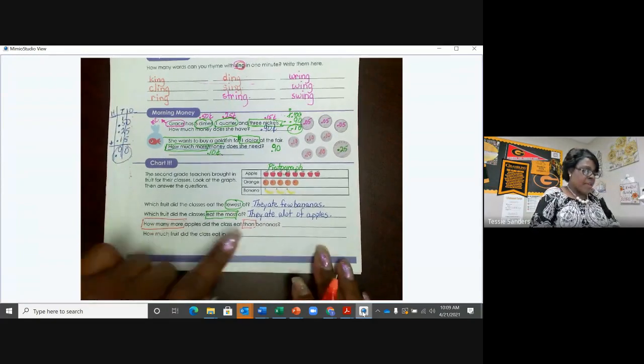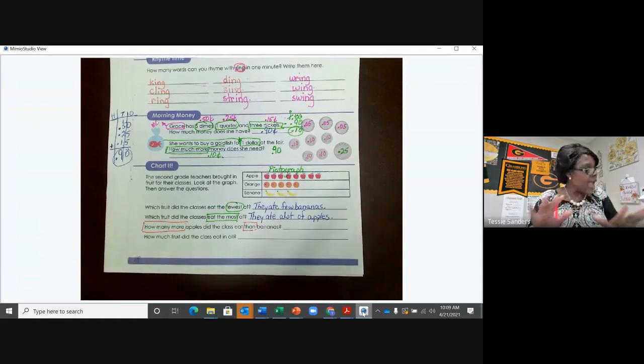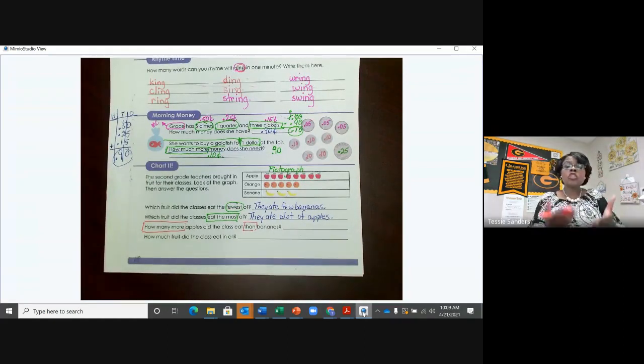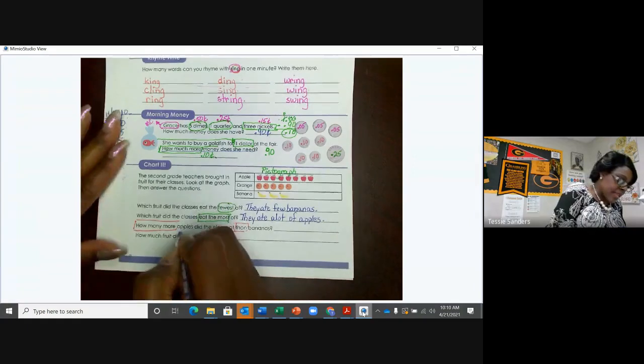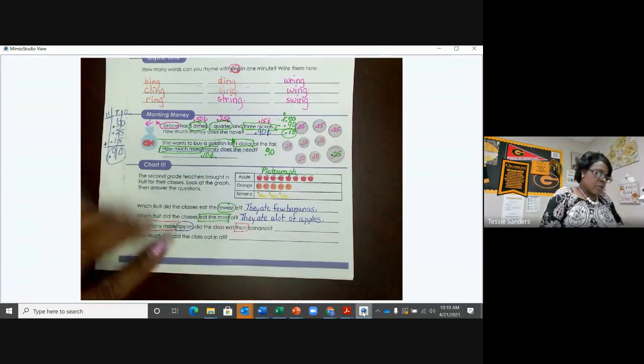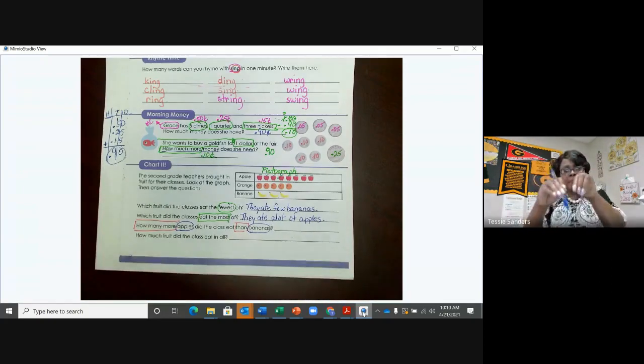How many more than? This lets you know that you will not add but subtract. What are we going to subtract? We're going to subtract the bananas from the apples. We will extrapolate, meaning take out.